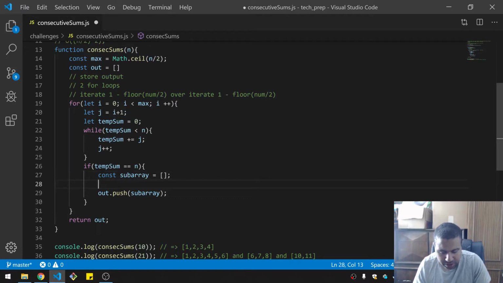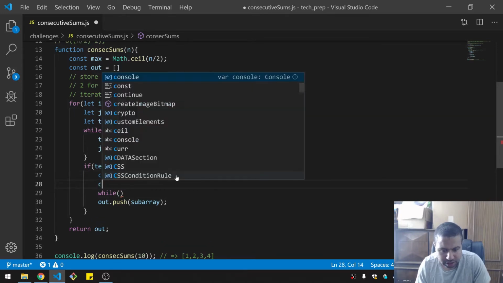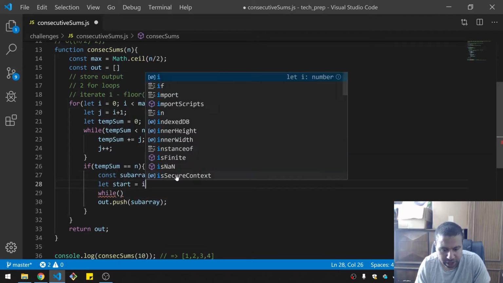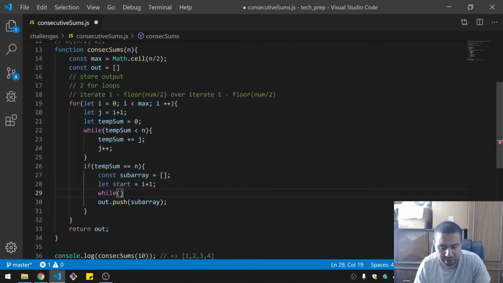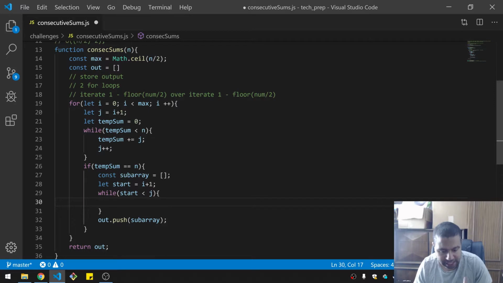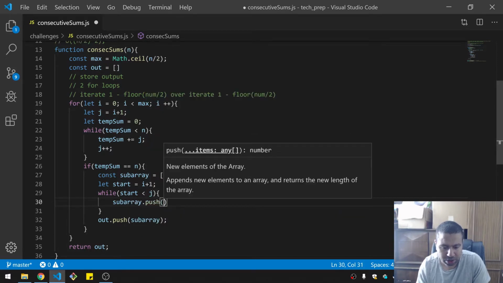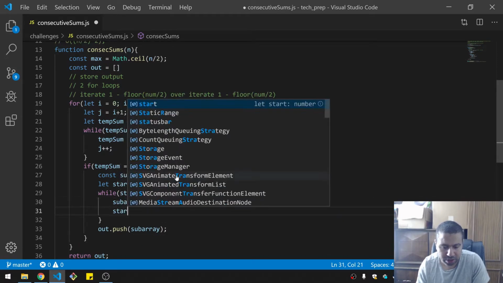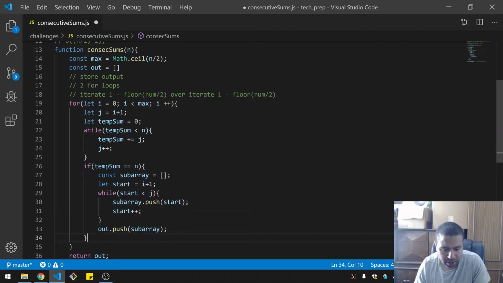Oh yeah, so this is like while, let start equal i plus 1. That's the same place that j started. While start is less than the current j, which is where it stopped, then we just do subarray push start, and then start plus 1, and then you can push that subarray.